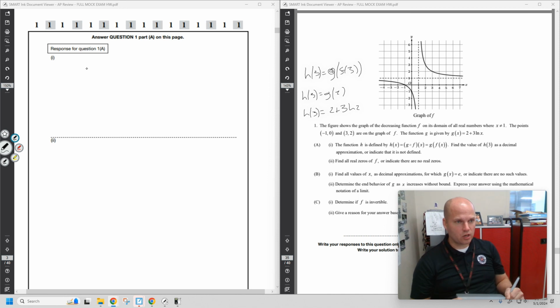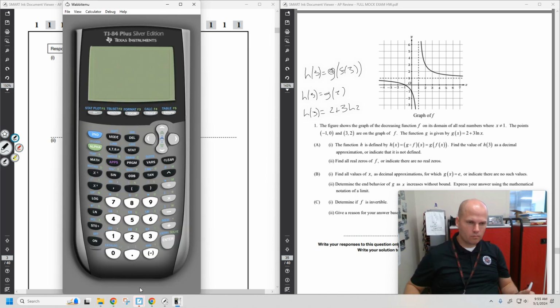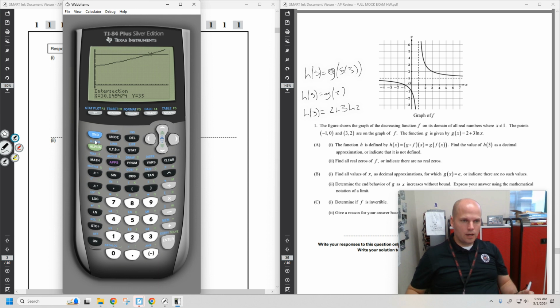Okay, so I'm going to just start copying that down. I know that I'm good with this work, and I am going to put h of 3 equals g of f of 3. I'm going to put h of 3 equals g of 2. I'm going to put h of 3 equals 2 plus 3 log 2. And that's approximately 2 plus 3 natural log 2.